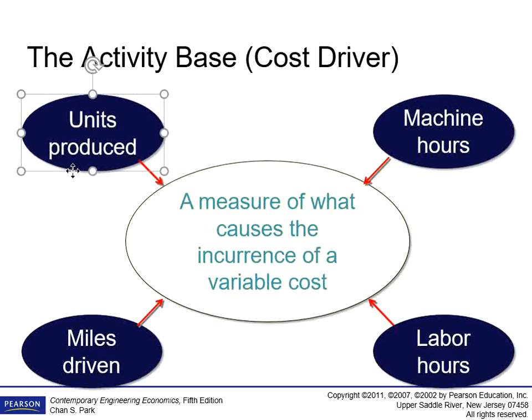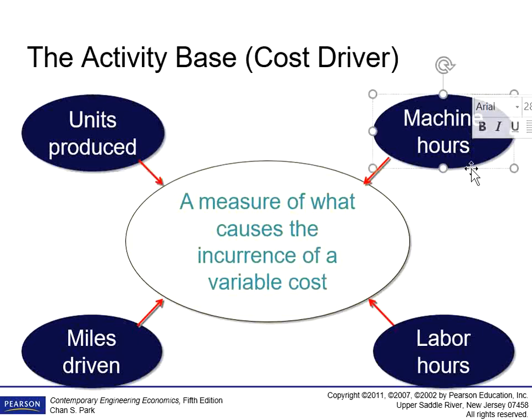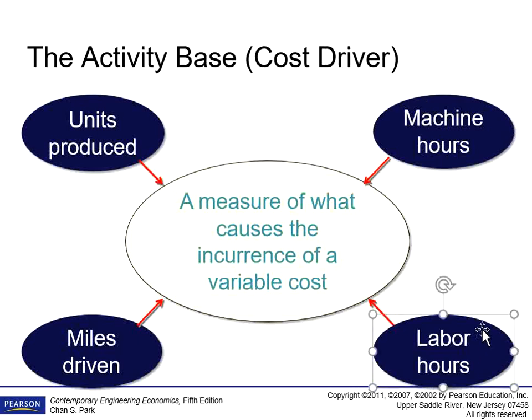If something changes depending on the number of units produced, then it is a variable cost. But if there is a cost which depends on machine hours, some cost which depends on how long you run that machine, then in that case machine hour is the cost driver for that variable cost, or it could be labor hours. It depends.